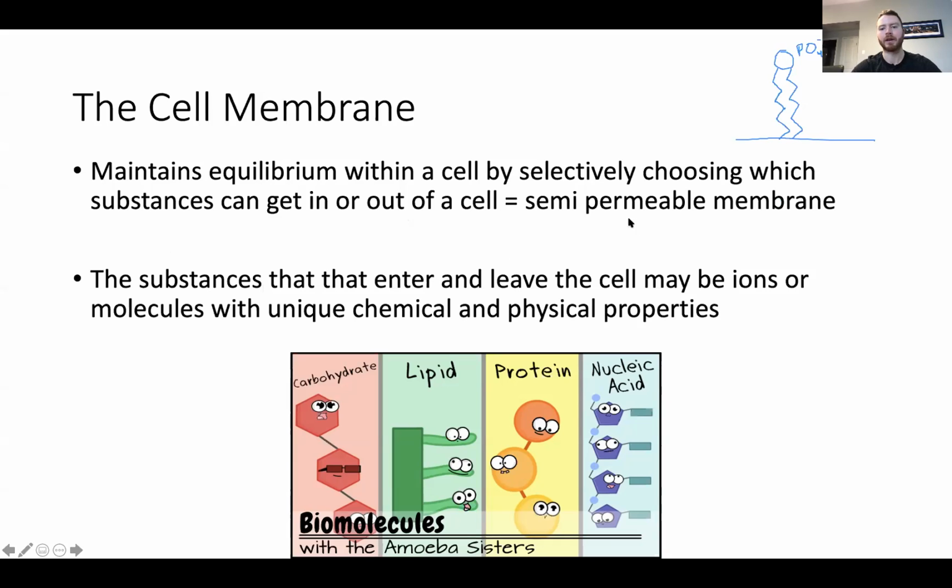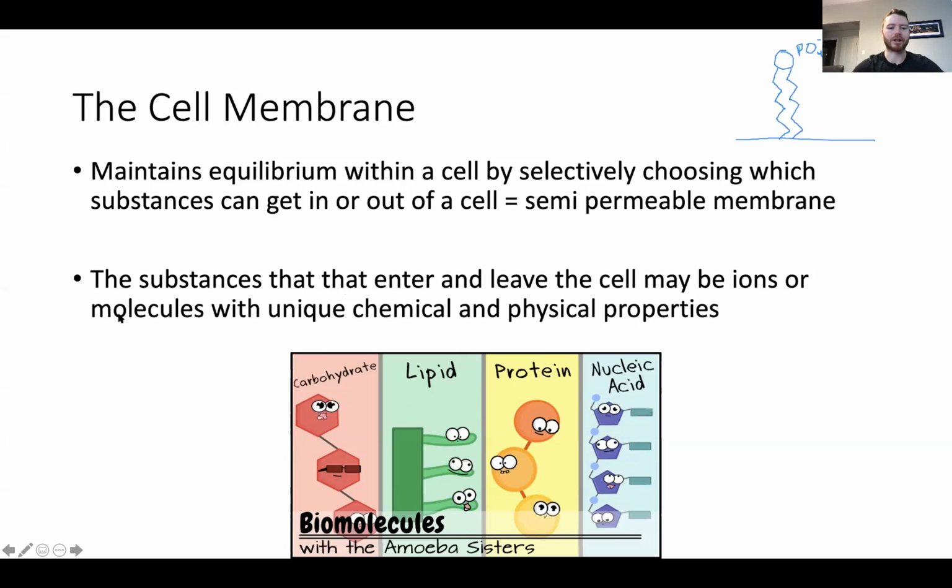Okay, so one of the important transmembrane protein transporters that we have is called a sodium-potassium pump. What it does is it removes excess sodium from our cells and brings in potassium. This is regulated by a protein.